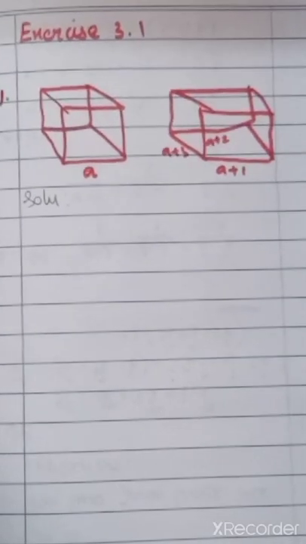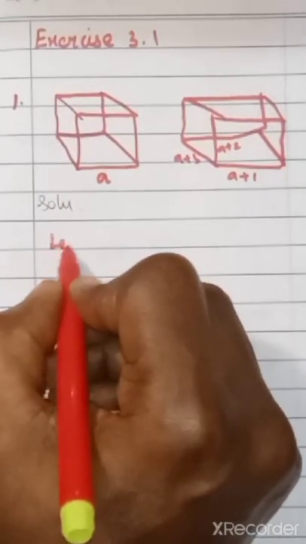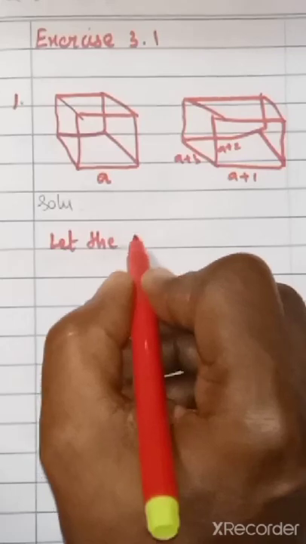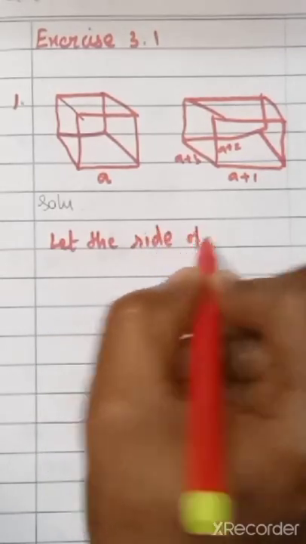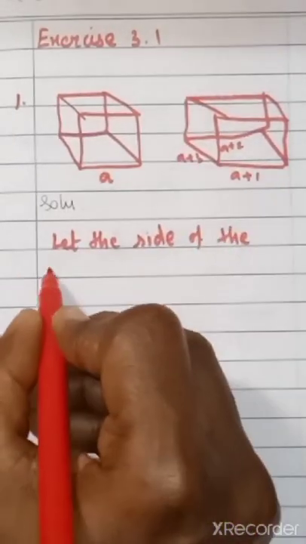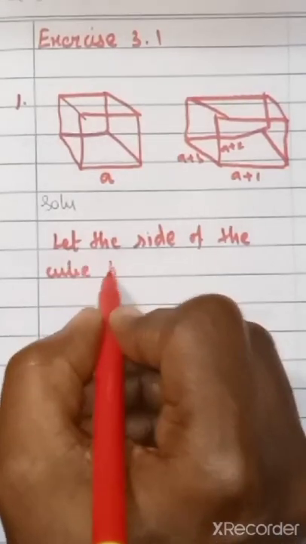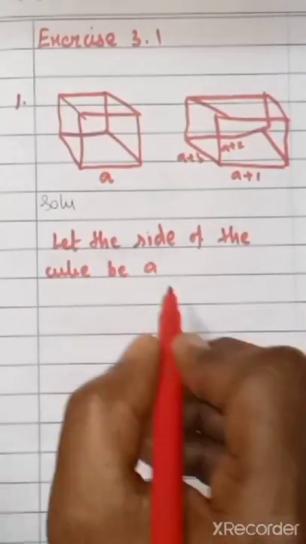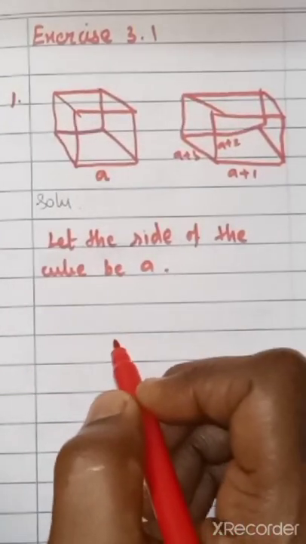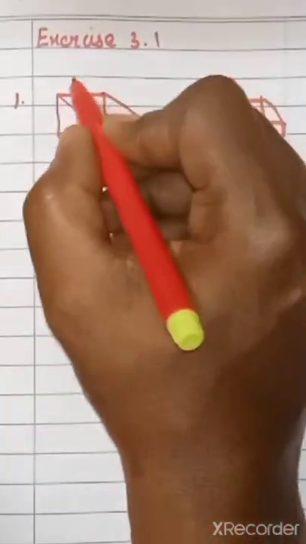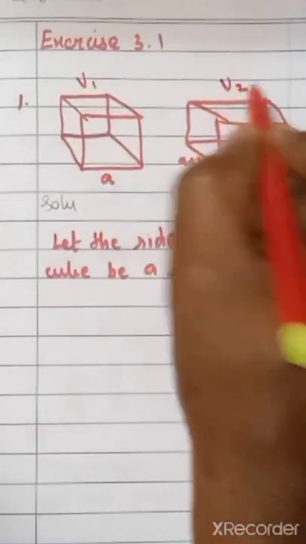Now let the side of the cube be a. Okay? Next, one more condition is given. We can take the cube's volume as v1 and the cuboid's volume as v2.